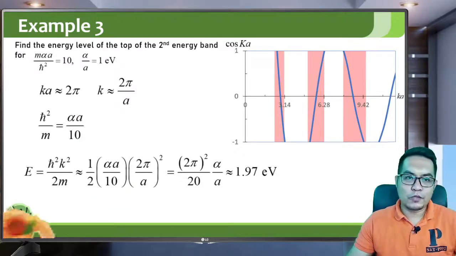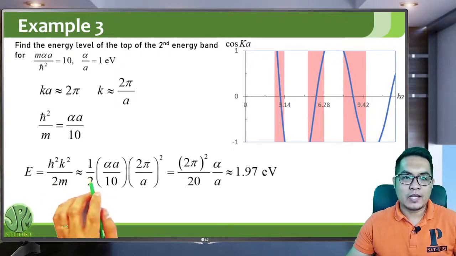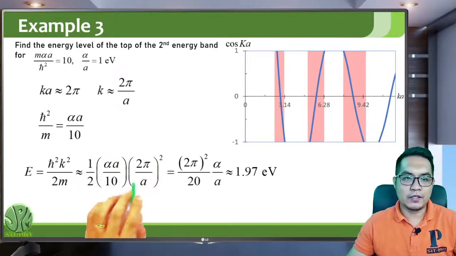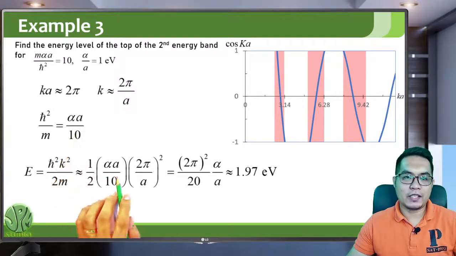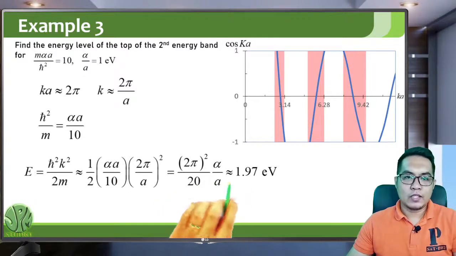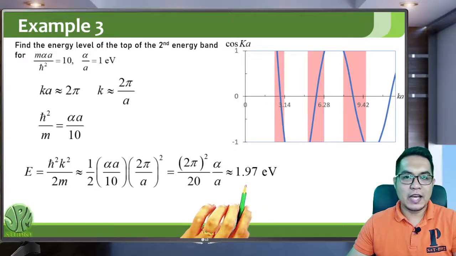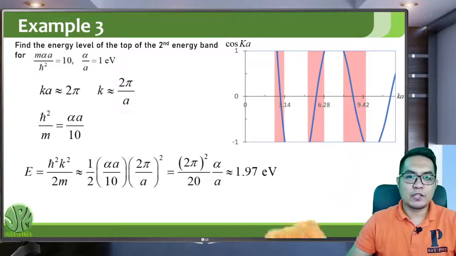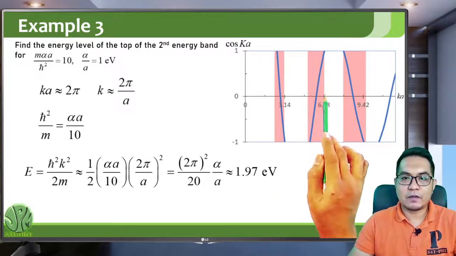We now proceed to evaluating the energy, h bar squared k squared over 2m. k is approximately 2 pi over a, and h bar squared over m is alpha a over 10. Since alpha over a is 1 electron volt, we get approximately the energy corresponding to the top of the second energy band as 1.97 electron volts. So that is the top of the second energy band.